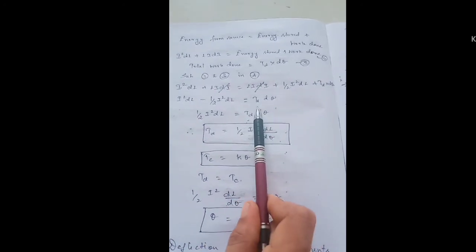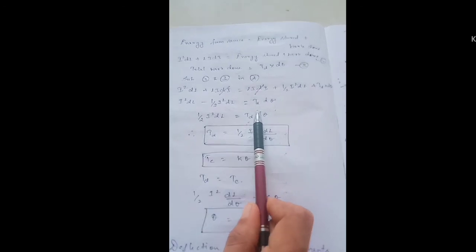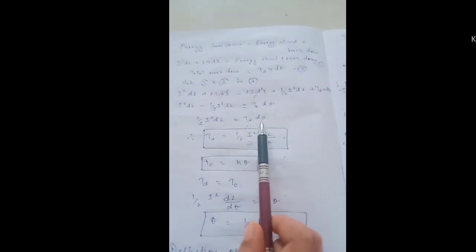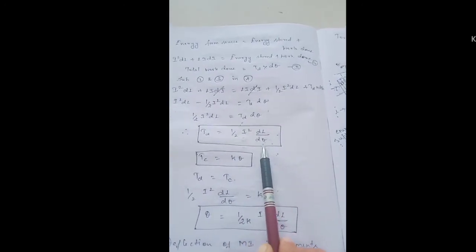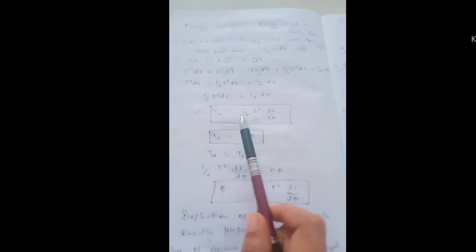We need the deflecting torque value, so I am keeping Td on one side and bringing all other terms to the other side. It changes as Td equal to 1 by 2 I² dL by dθ. So this is the equation for deflecting torque in MI instruments.